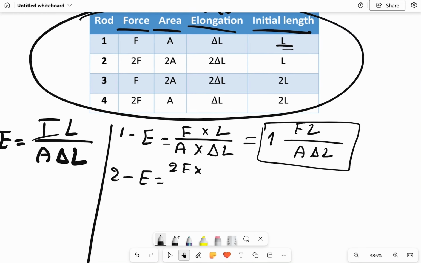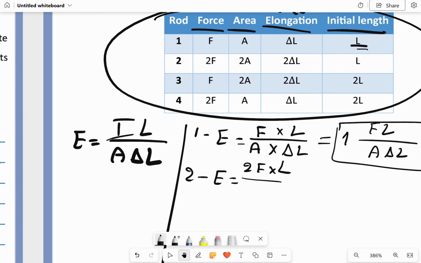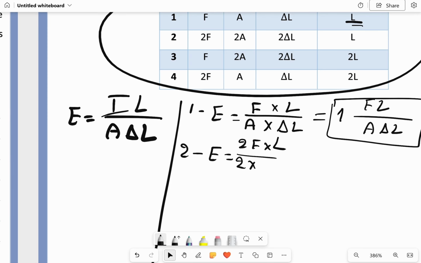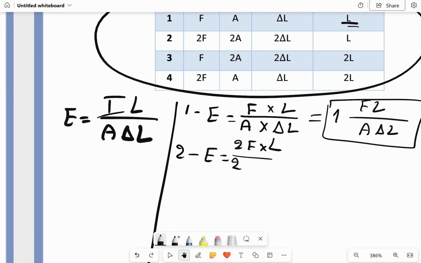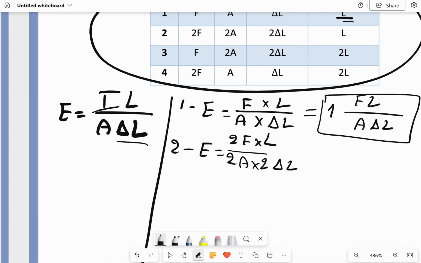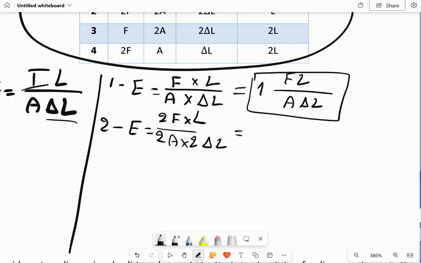Initial length is equal to L. Then you have area, which is equal to 2A, and then elongation, which is equal to 2 delta L. So this one will be 1 over 2 multiplied by FL divided by area multiplied by elongation. This is the second one.